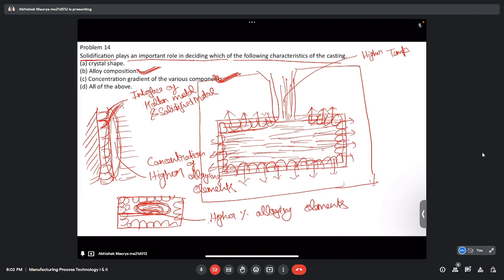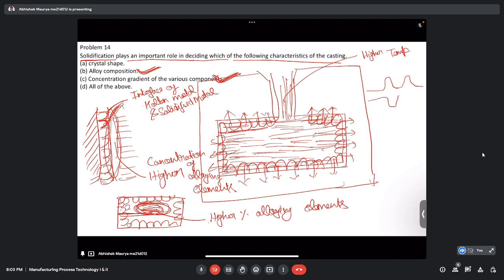And because of this, there are different possibilities of grain growth or crystal growth. If we cannot control the solidification process, there is a possibility of formation of different types of grain. One of them is called the dendritic grains.